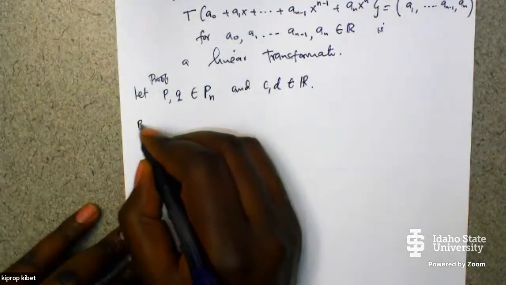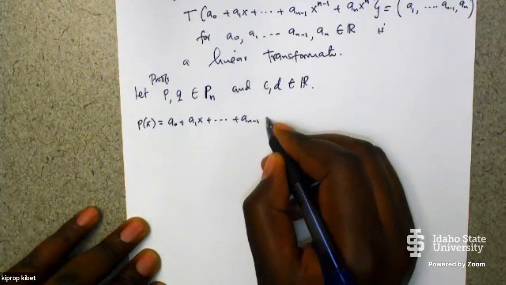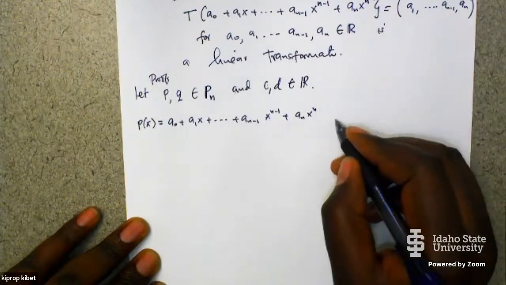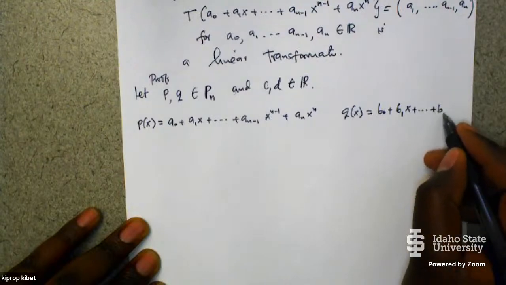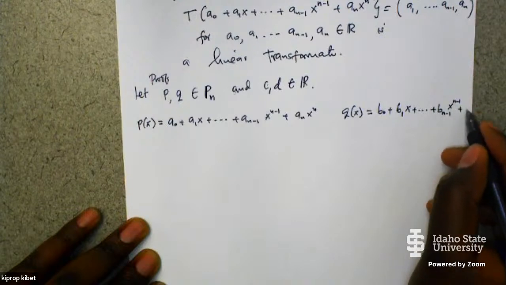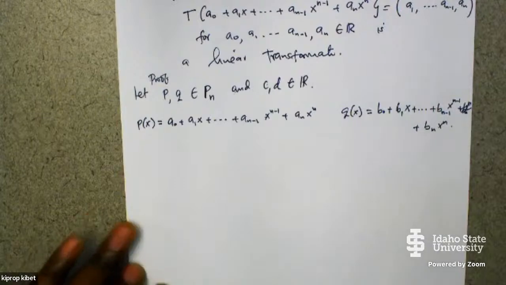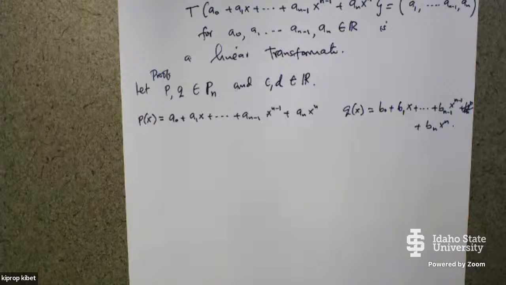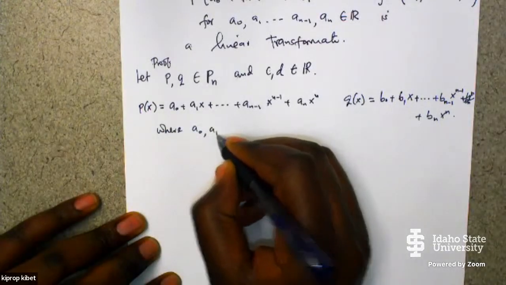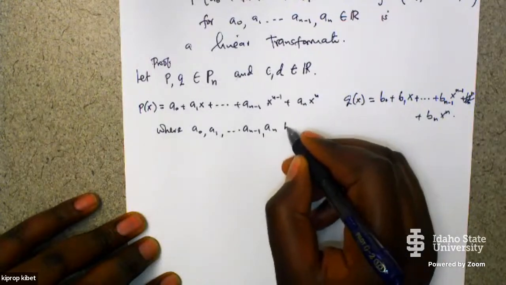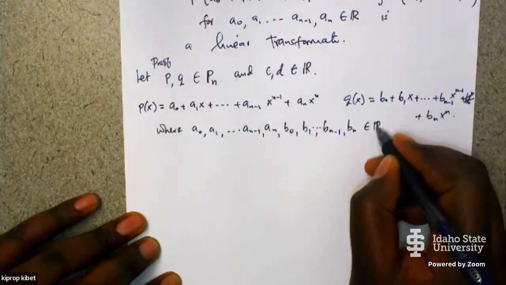Therefore, our P(x) is equal to a0 + a1x + ... + a_{n-1}x^{n-1} + an x^n, and our Q(x) is equal to b0 + b1x + ... + b_{n-1}x^{n-1} + bn x^n, where a0, a1, ..., an and b0, b1, ..., bn are elements of R.